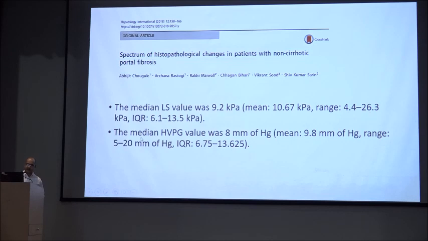And the HVPG mean was 9.8 and the range was 5 to 20. What I mean to say is that the LSM value and the HVPG may vary in case of NCPF, and the range is pretty wide. So that means certain cases of NCPF may have higher HVPG or LSM values.